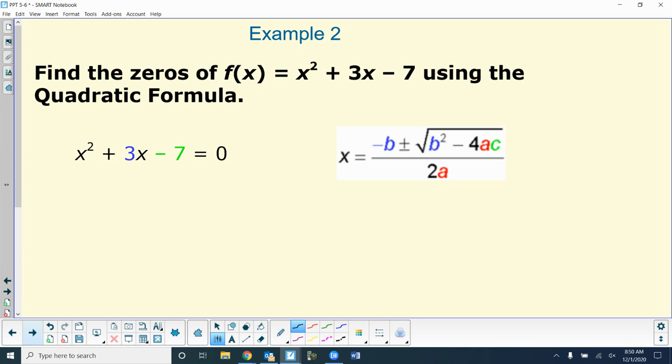What's a negative times a negative? Positive. So we should have what number under the radical sign? What number though? 37, right? x equals, here's what I do. I always put parentheses where my a's, b's, and c's go. That way you won't mess up on signs.